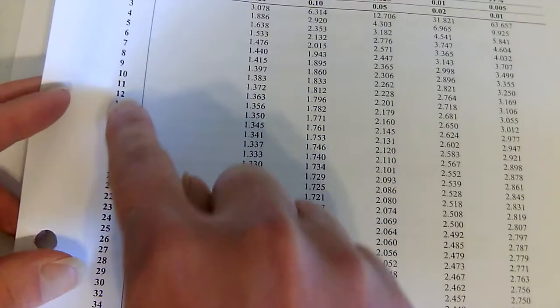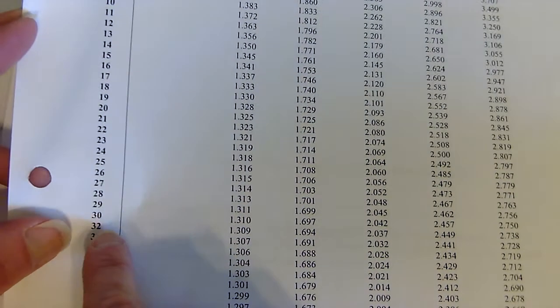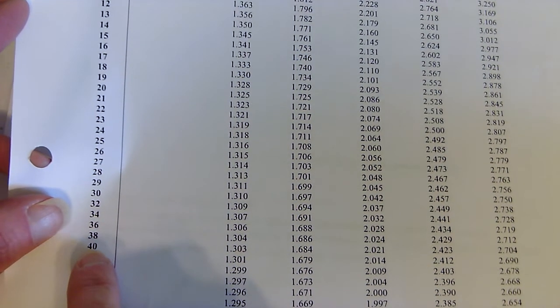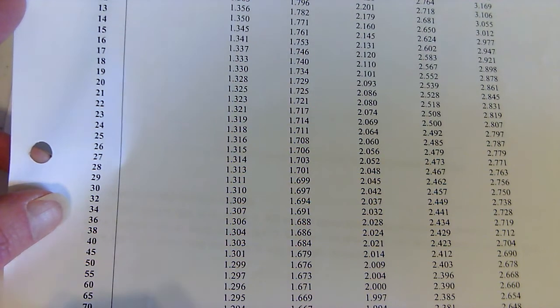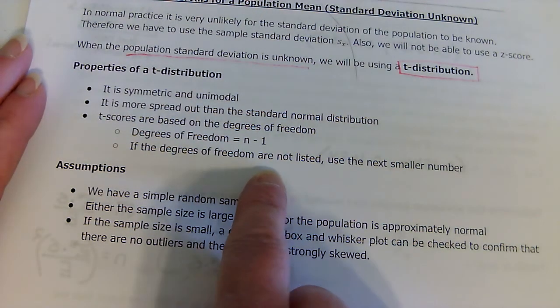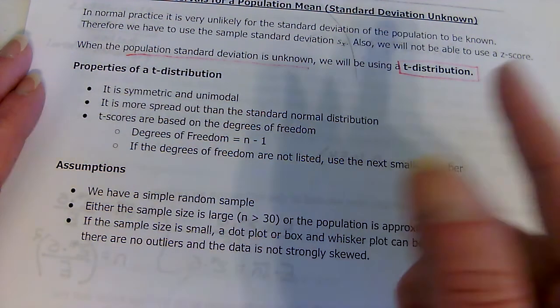Now, it doesn't give you every single degree of freedom. After it gets past 30, 32, 34, 36, 38, 40, then it jumps to 45. So there's a few missing in there. If the degree of freedom that you're looking for is not listed, use the next smaller one.